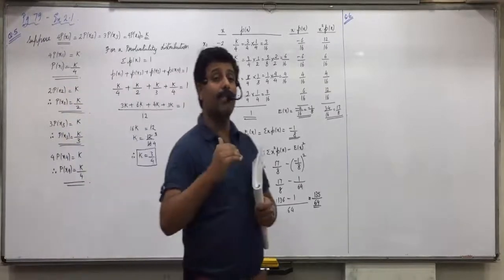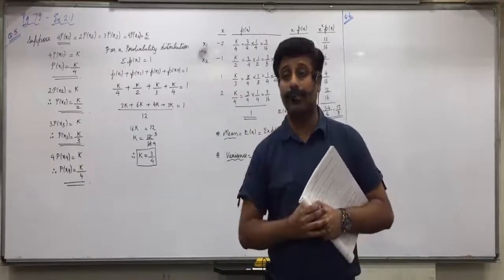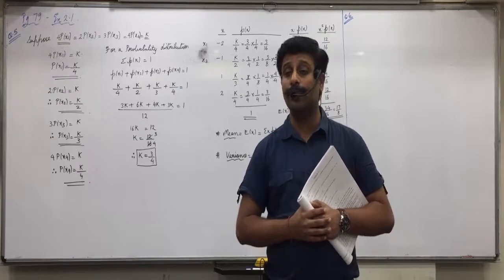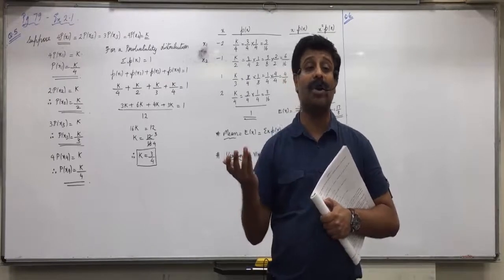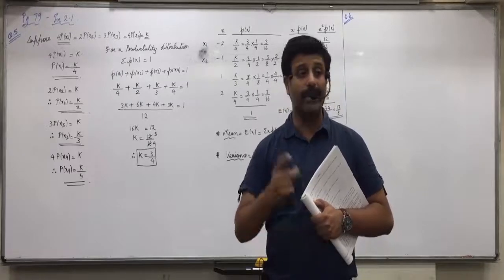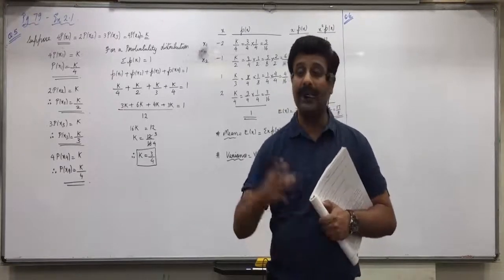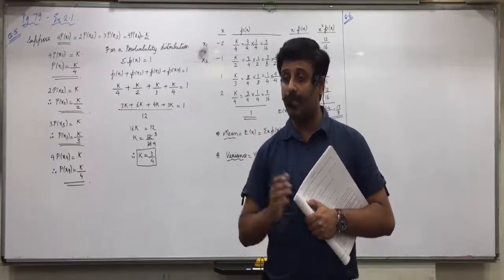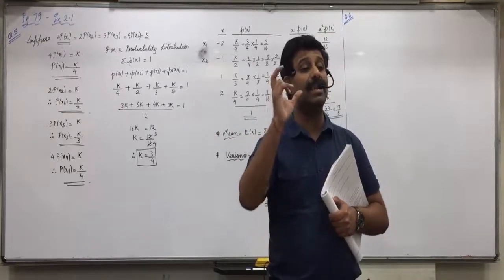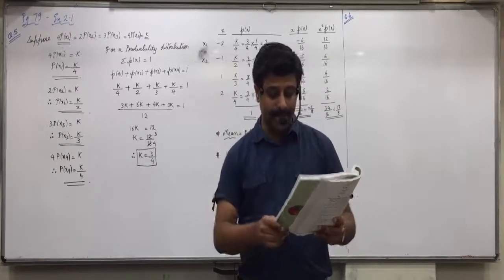See, whatever probability distribution you obtain, that is always the value of x. Like in 11th standard we used to do frequency distribution of number of children, means number of children was x. Frequency distribution of marks, means marks was x. Now if there is a probability distribution of sum of numbers, the sum of numbers will be taken as x.